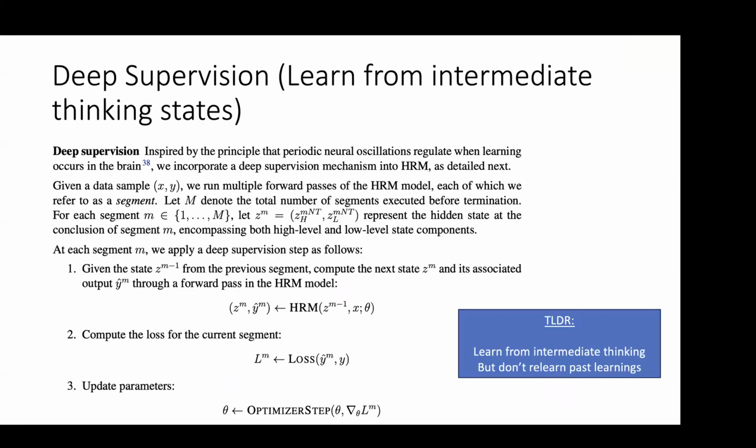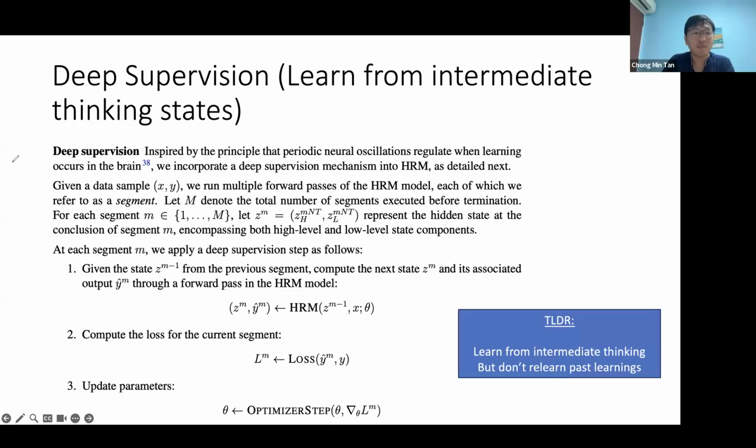Yes, go ahead. Can you clarify what you mean by there is a ground truth at every intermediate state? Okay, yes. So at every step of this deep supervision, the model outputs the final output. And so you have the ground truth output Y, because if you have a training set of X and Y, where X is your input grid and Y is your output grid, you already have in your training set the output grid, which you can use to check.